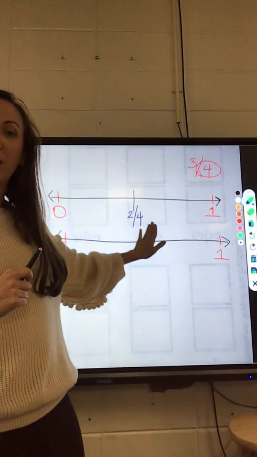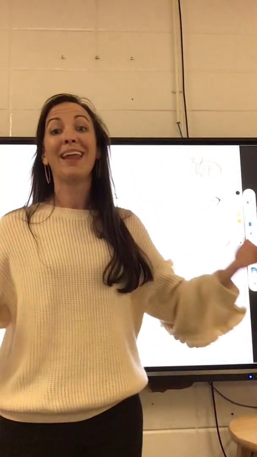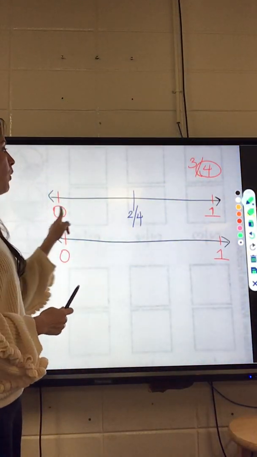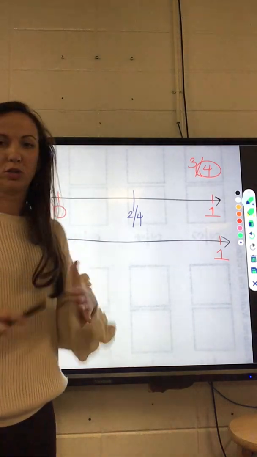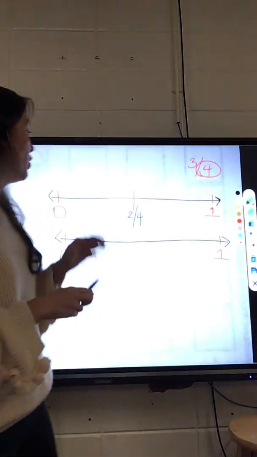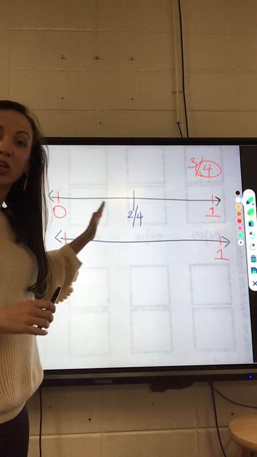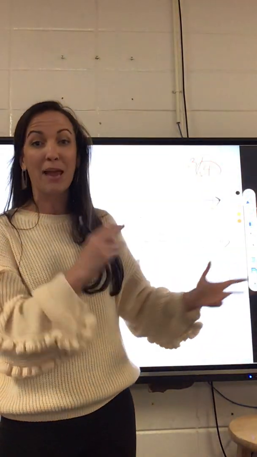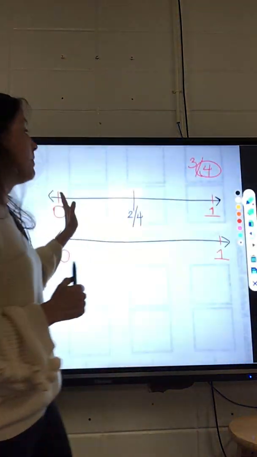Now, if I need to plot 3/4 on there, let's just go ahead and label the whole fraction number line. If I start at 0, what fraction would come before 2/4? 1/4, you're right. So remember, when I partition on my fraction number line, I want to make sure that each section is the same or is equal to the other ones.